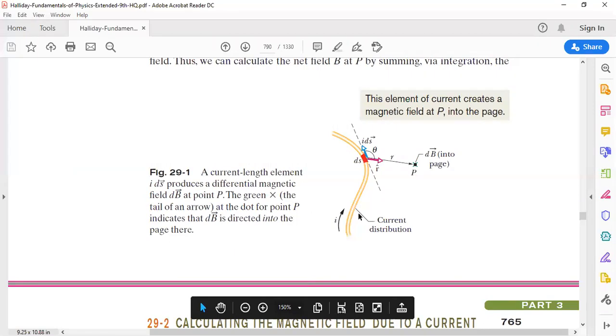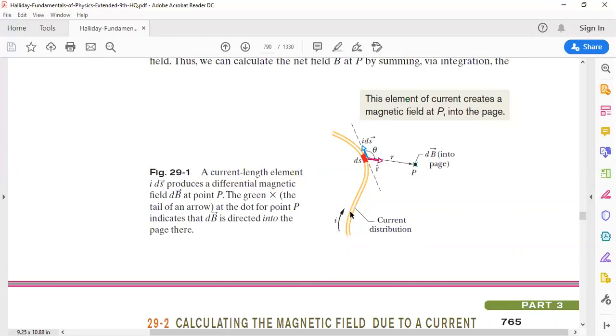A wire is shown in figure number 1, showing the direction of the current in the upward direction along the path according to the shape of the wire.